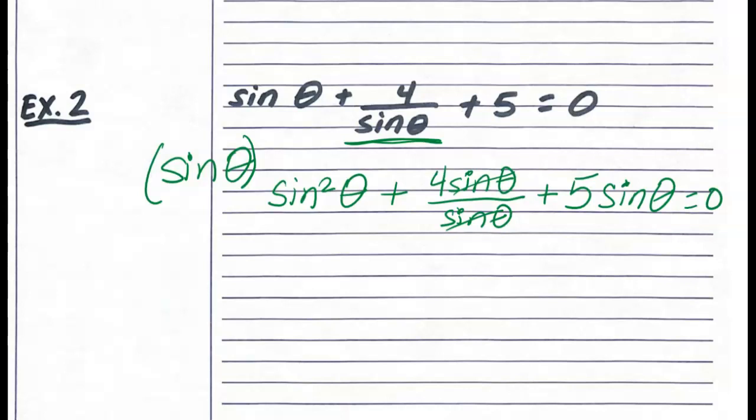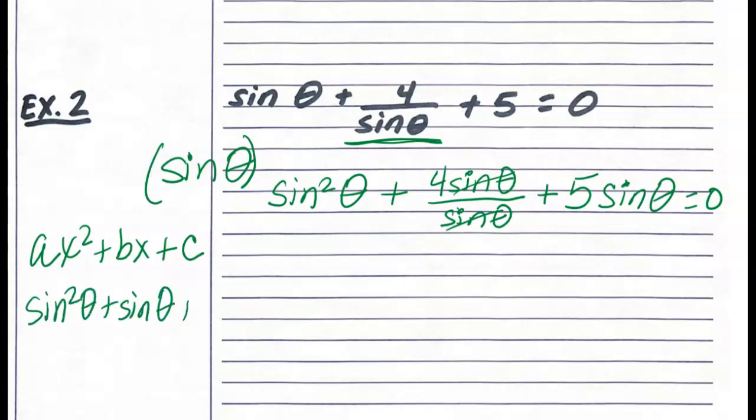All right, think of your form when we're factoring. Remember, this is something like standard form. Ours is in the form sine squared theta plus sine theta plus something. So I'm just going to rearrange it. Sine squared theta plus 5 sine theta, that's a bad 5, sorry, plus 4 equals 0.